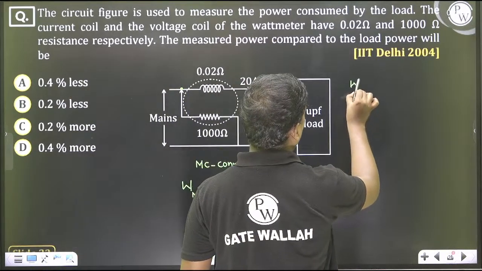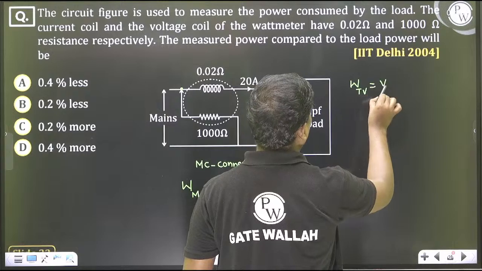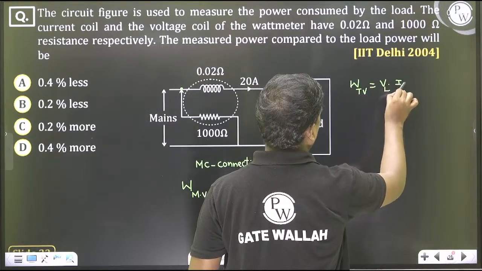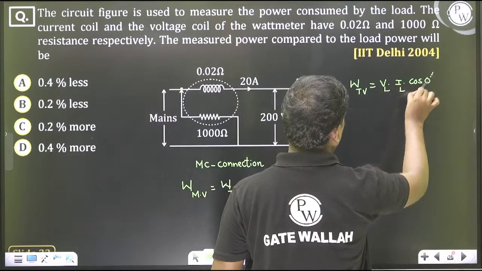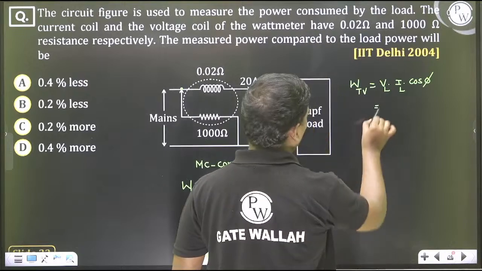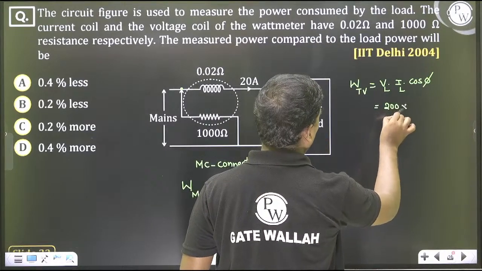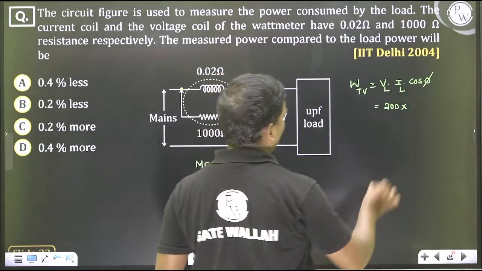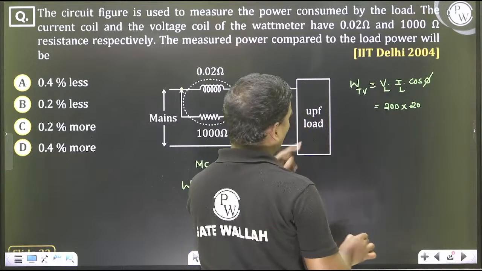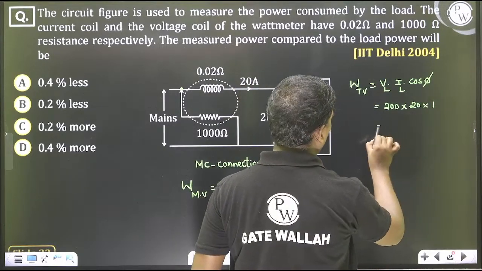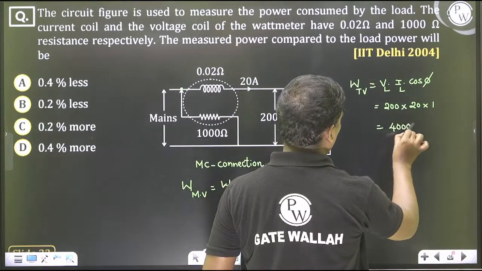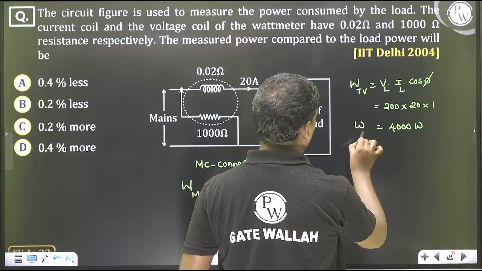The true value is nothing but the load voltage into load current into power factor. So what is the load voltage? 200. And what is the current? 20. And unity power factor as mentioned. So this will be 4000 watts. So this is the true value.